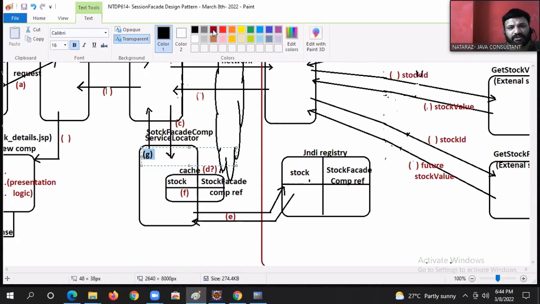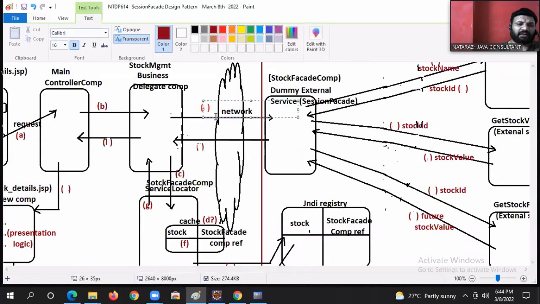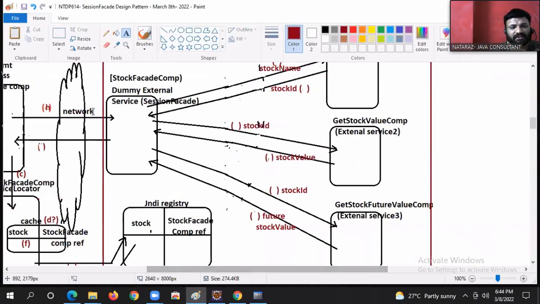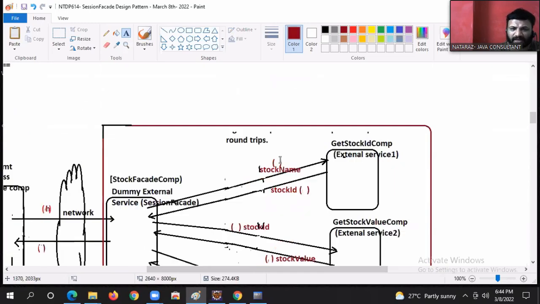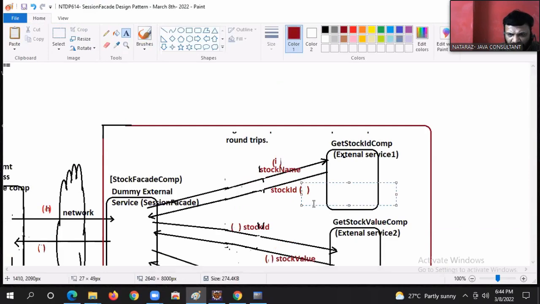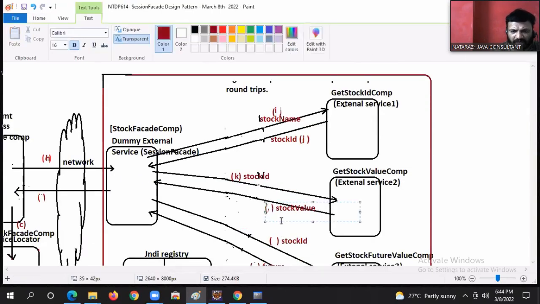G goes back to this place. Using that, it interacts with the destination component. H. Next. This locates this facade. I, J, K. Using stock ID, K. L.